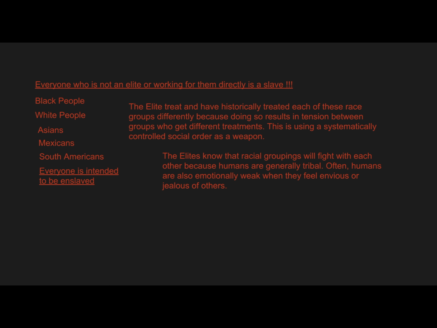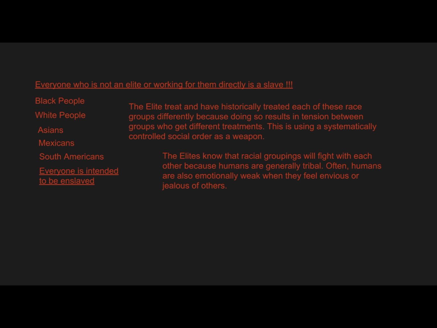So the black people feel like the white people grew up with a silver spoon in their mouth and nice neighborhoods, and the white people feel like black people and minorities get all the special attention. To go to college, they get special grants and everything to go to the college indoctrination program.